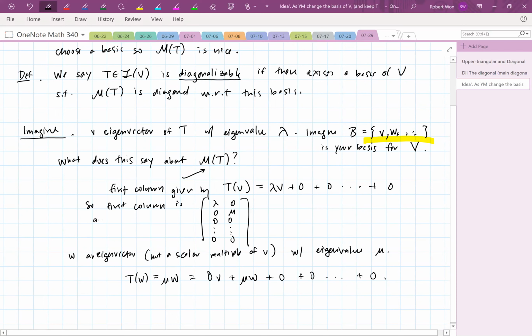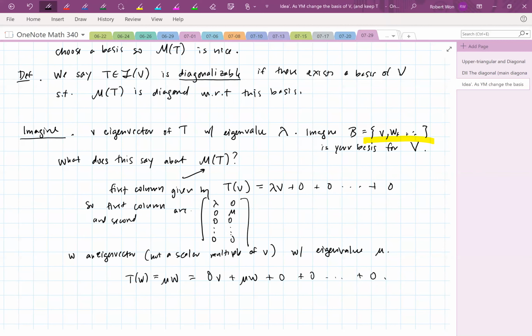So maybe I should say first and second column. So if you could continue this process and just choose a linearly independent eigenvector each time, then you would get that the matrix would be diagonal. Right?